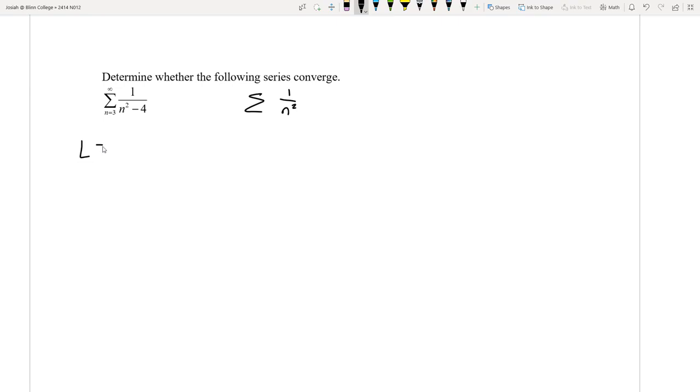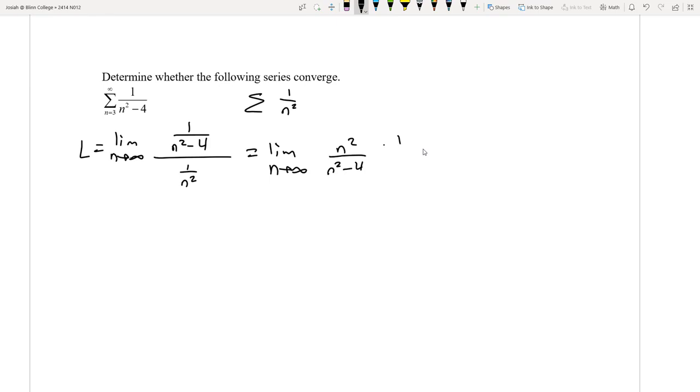So L will be equal to the limit as n tends to infinity of our problem over what we're comparing to. We flip and multiply. We got n squared over n squared minus 4.